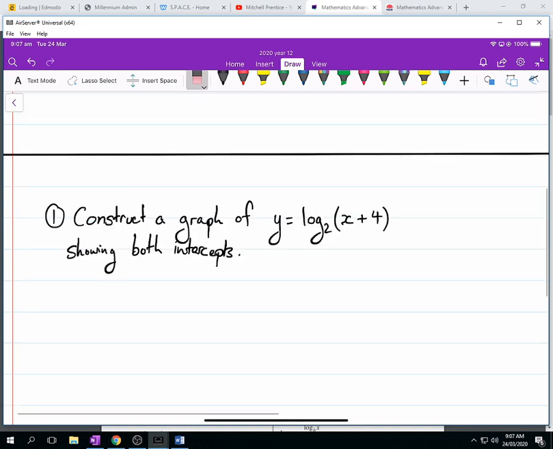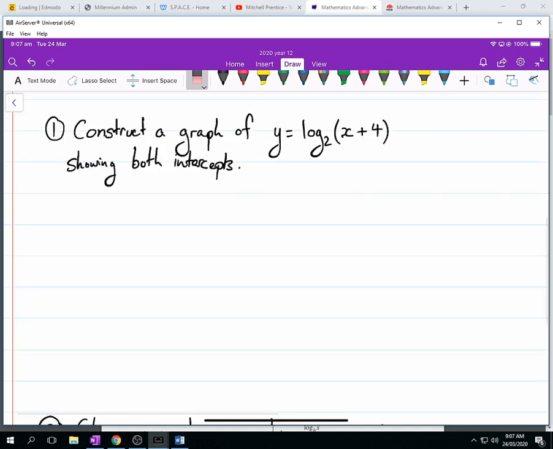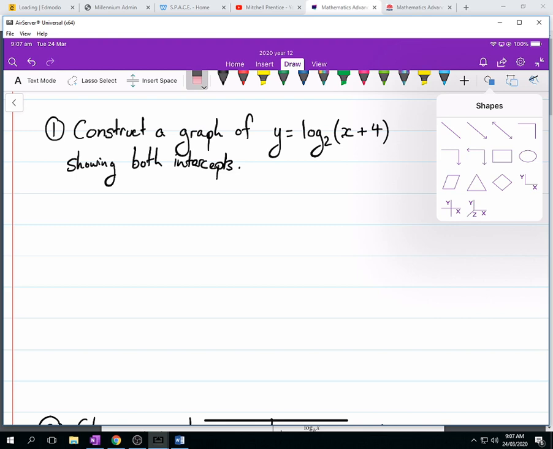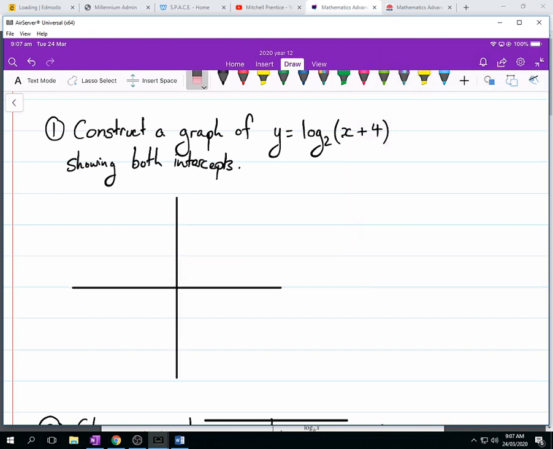We know what our logarithms look like, being the inverse of our exponential functions. So the first one is just like our normal logarithm. However, because x has been replaced with x plus 4, it has been moved to the left 4 units.